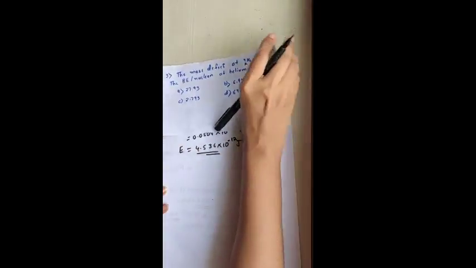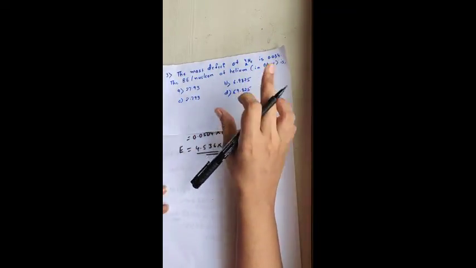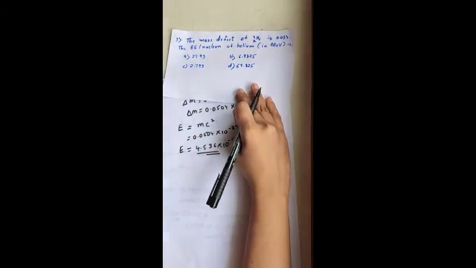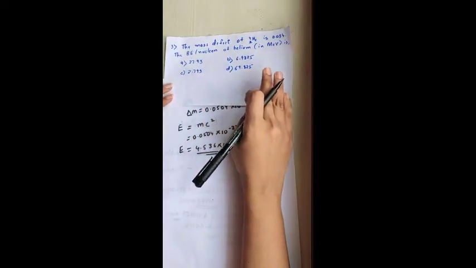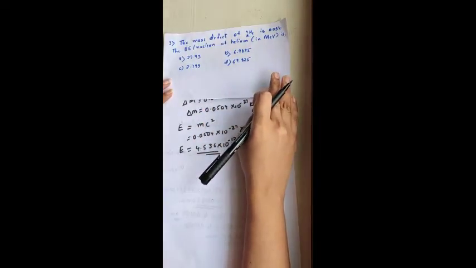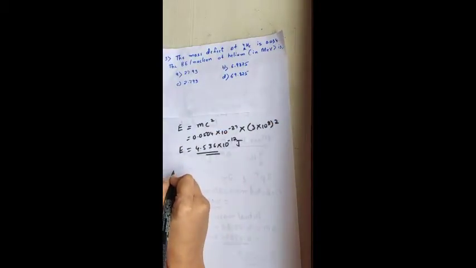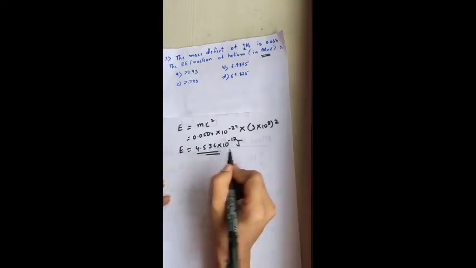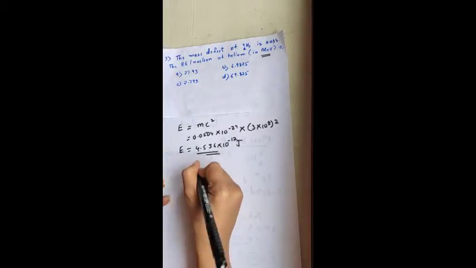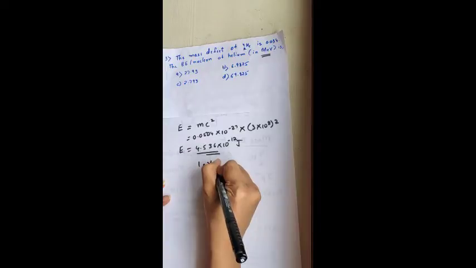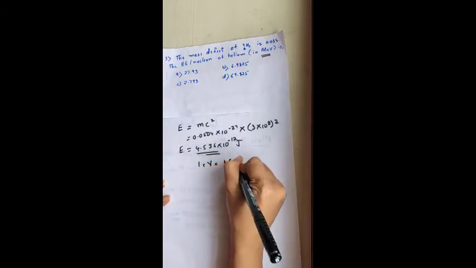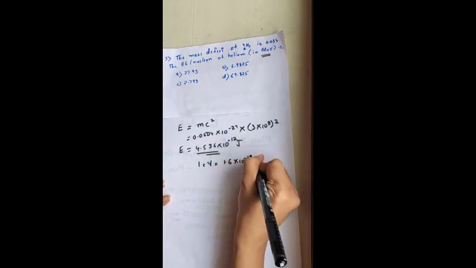Okay. So now here in the question, what they have asked you, the mass defect is given already. So the binding energy per nucleon of the helium is how much you have to calculate. So to calculate the binding energy in mega electron volt, you have to convert joules into electron volt by the equation. We know 1 electron volt is 1.6 into 10 power minus 19 joules.